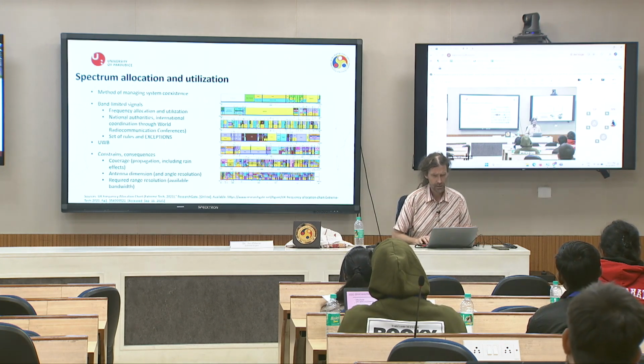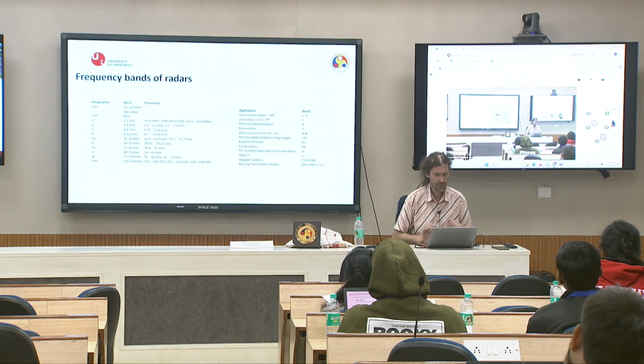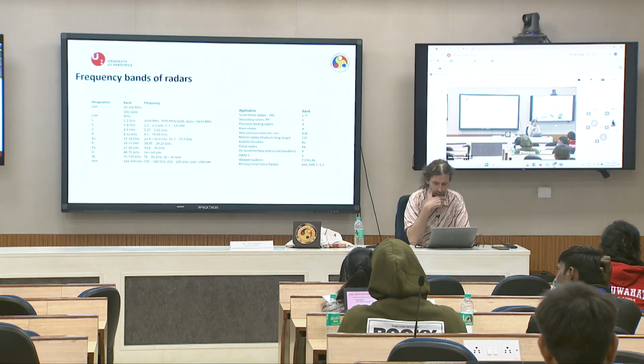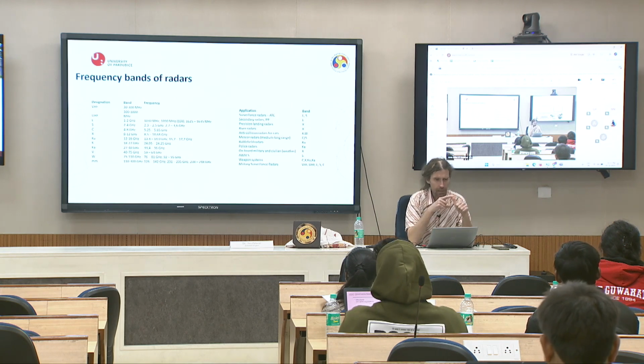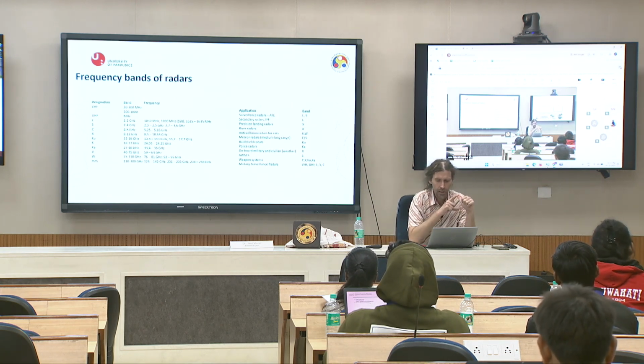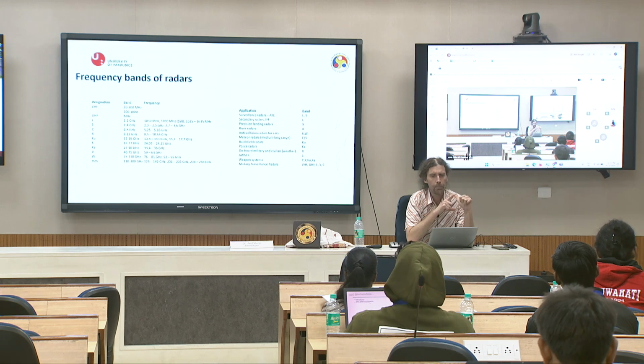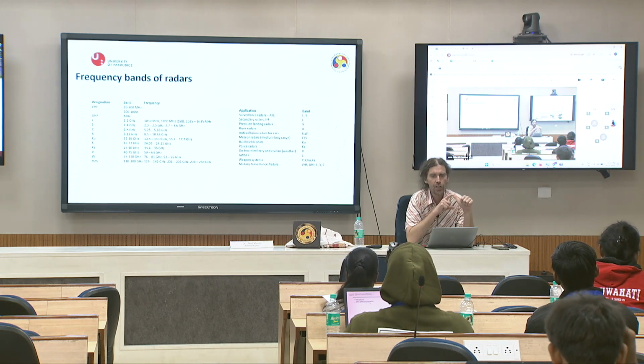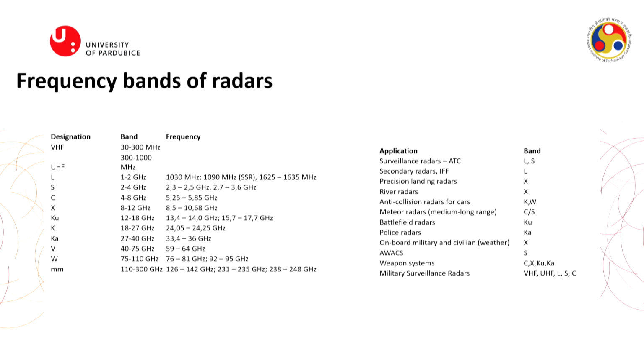I think that this is enough, and I will show you the frequency bands of radars. Radar systems are generally grouped into commonly used bands, and there you can see which band a radar uses. Usually we use L band, S band, C band, X band and Ku band. I will take care mostly now of C band and X band.